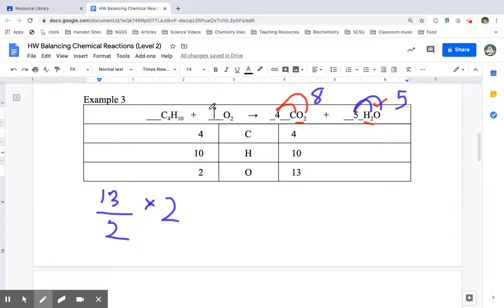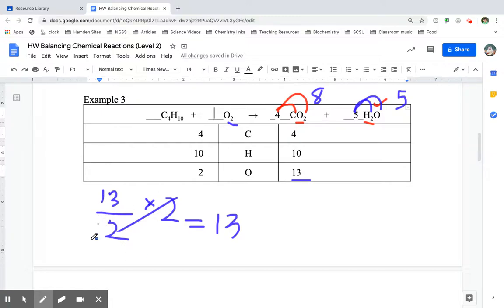Aha! We could use a fraction, 13 divided by 2, and then multiply it by 2, right? So 13 divided by 2 times 2, those 2's would cancel out. So if we balance it with this improper fraction, 13 over 2, we actually get 13 oxygens to match that.